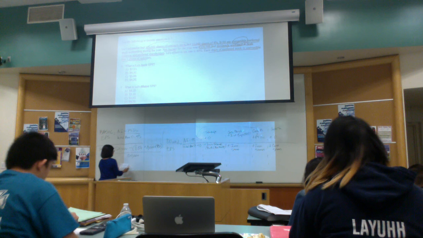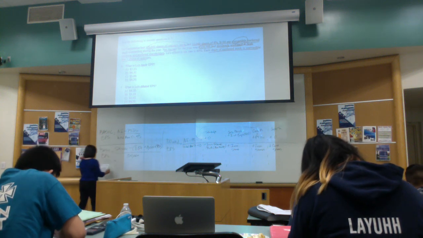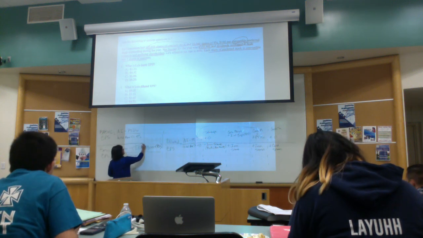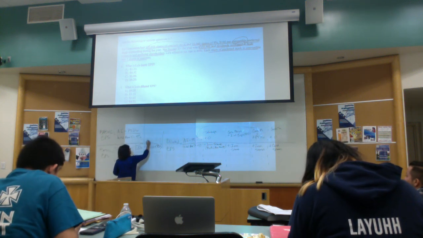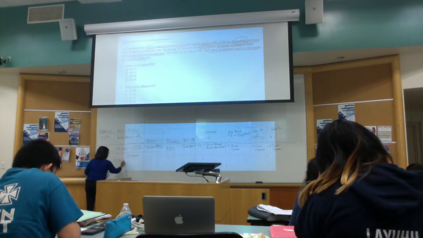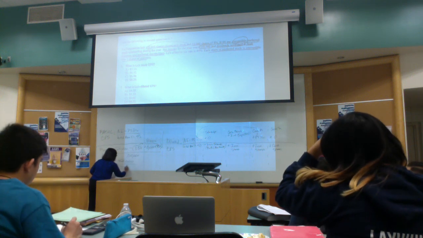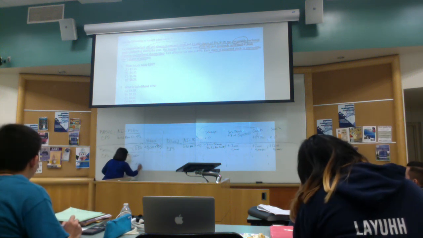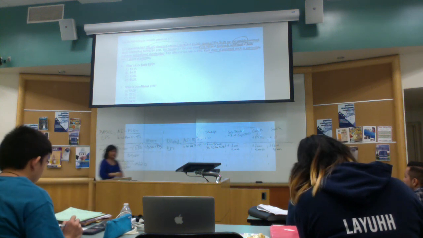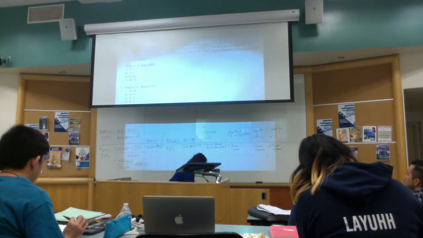So this comes out to 80,000. So then we get 420,000 divided by 100,000, which gives you $4.20. So that's your basic EPS, $4.20.